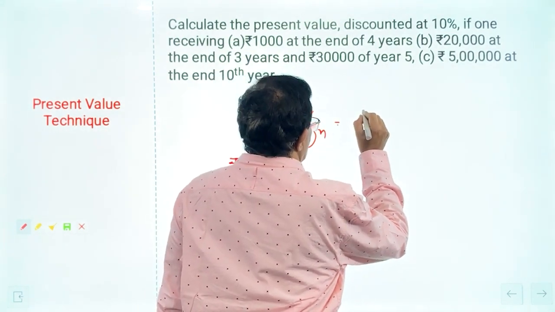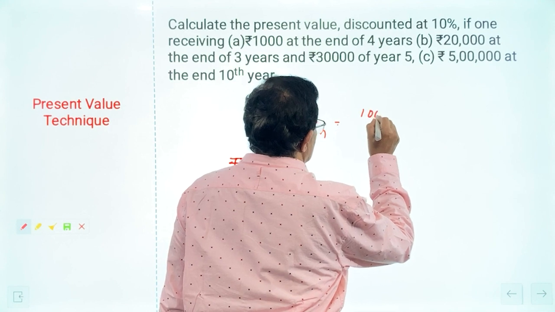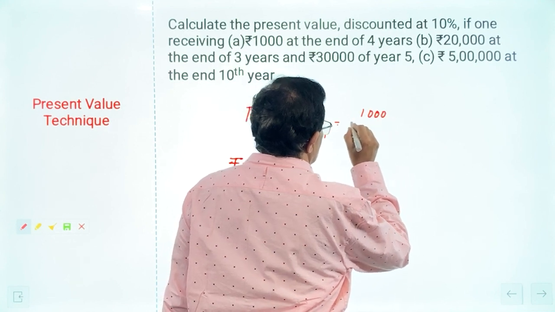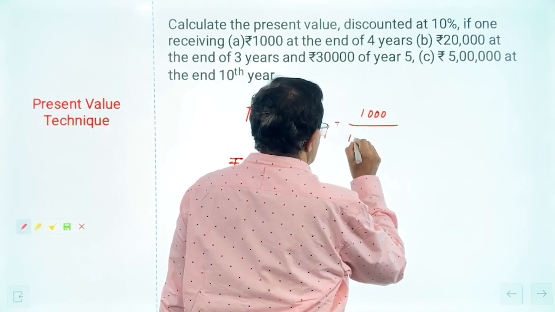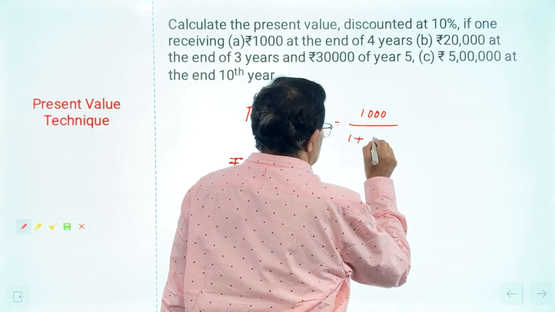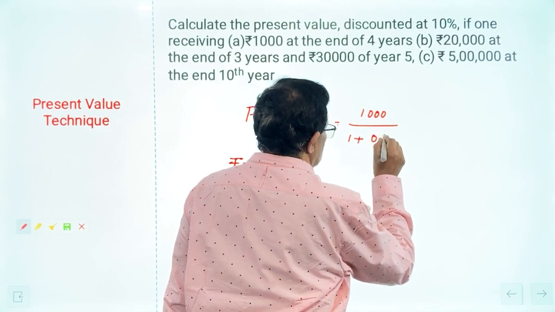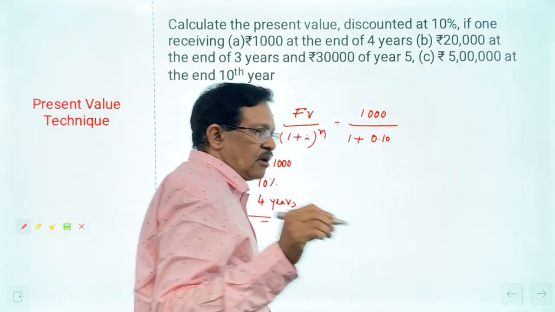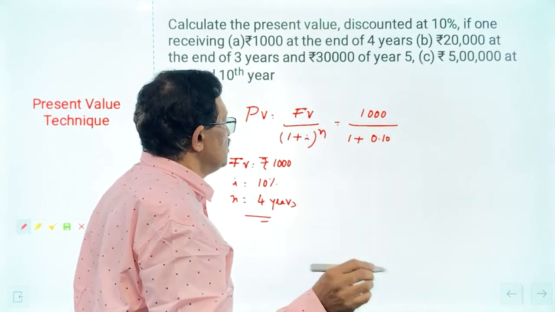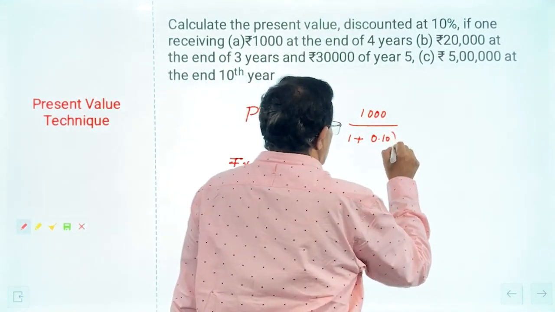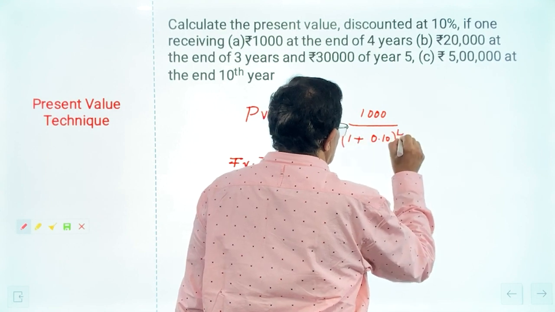So here comes rupees 1000, the future value is 1000, and i is given as 10%, which is nothing but 0.10, that is 10 divided by 100, to the power of 4.